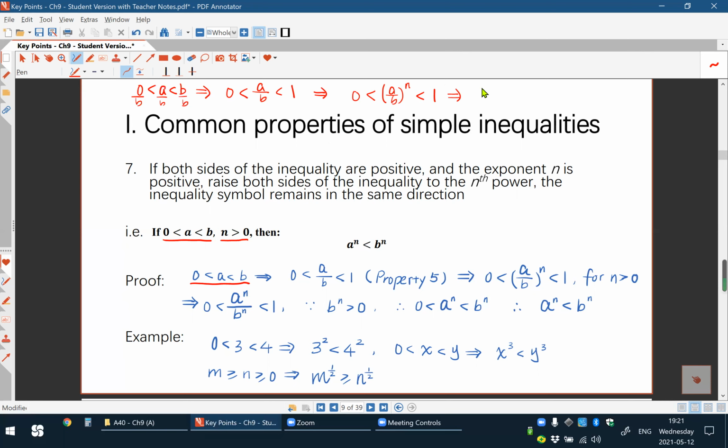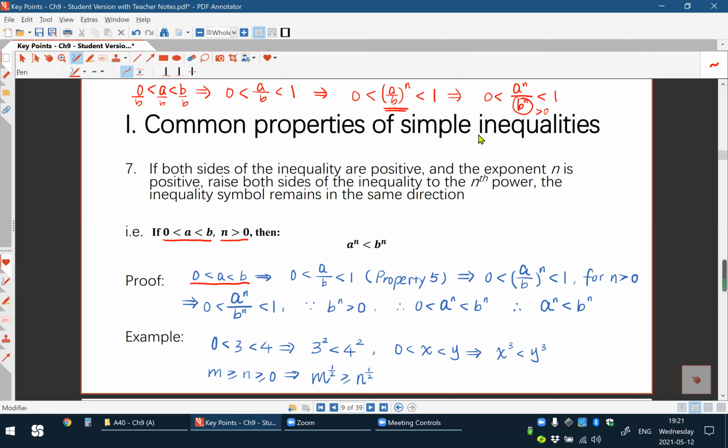And remember that we can rewrite the number in the middle as a to the nth over b to the nth, right? That means a to the nth over b to the nth is greater than 0 and less than 1, right? Note that b to the nth is also a positive number.